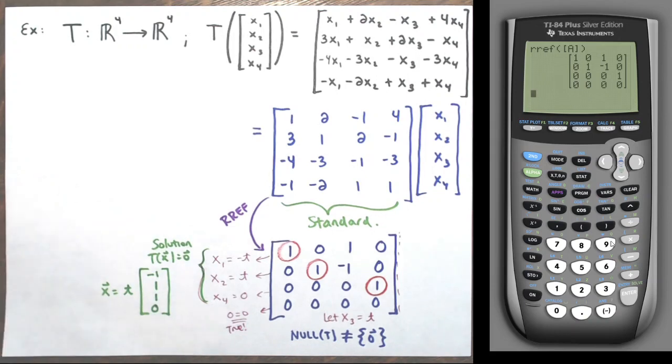So what we're seeing here is that the null space, all the vectors that map to the 0 vector, are these multiples of negative 1, 1, 1, 0, this vector with 4 components.